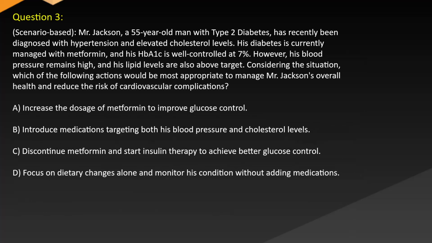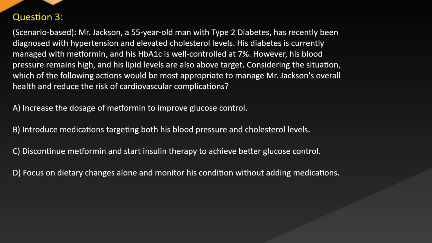Question 3, scenario-based. Mr. Jackson, a 55-year-old man with type 2 diabetes, has recently been diagnosed with hypertension and elevated cholesterol levels. His diabetes is currently managed with metformin and his HbA1c is well controlled at 7%. However, his blood pressure remains high and his lipid levels are also above target.